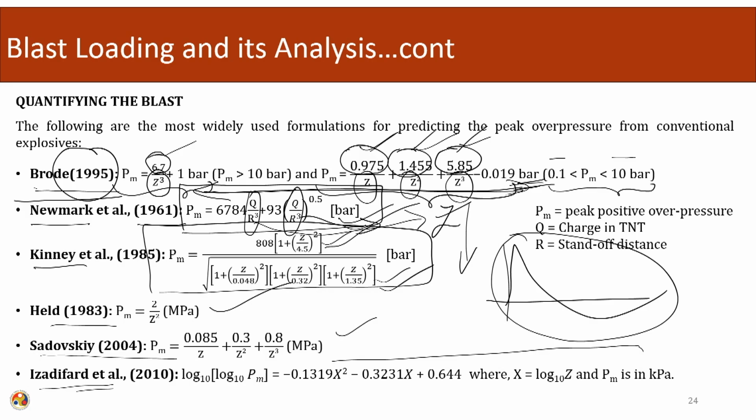Using these equations, we can try to predict the effect of the blast loading. Again, we have to use these equations in their respective units, because the factors being used are empirical in nature, and these are correction factors developed from the different experiments or data that were available to the researcher at that point of time.